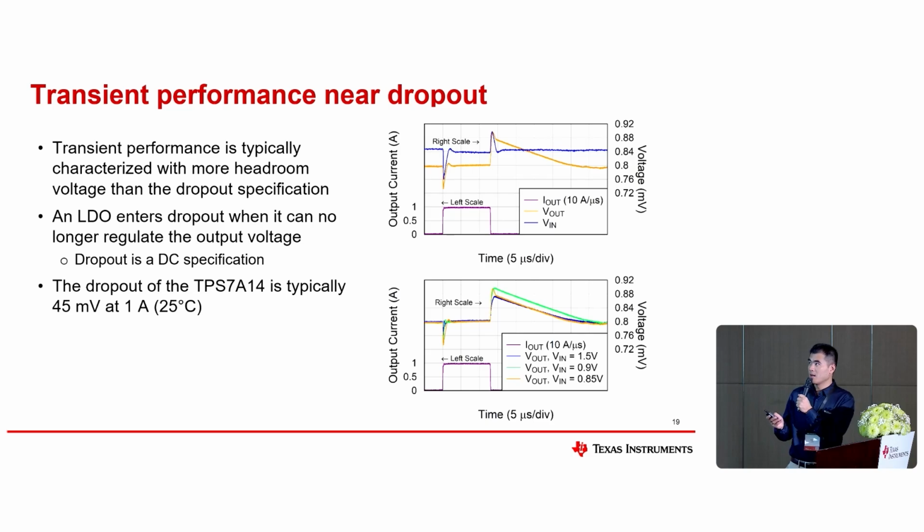So we can capture a waveform when we do the load transient, maybe with the current going from the low level to the high level, and also from the high level to the low level. We can check the input and output voltage compared to the input voltage. We need to make sure that in this worst case, we have the headroom, that the dropout voltage is bigger.